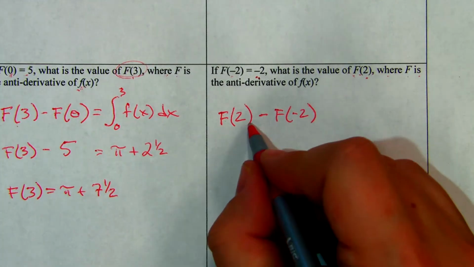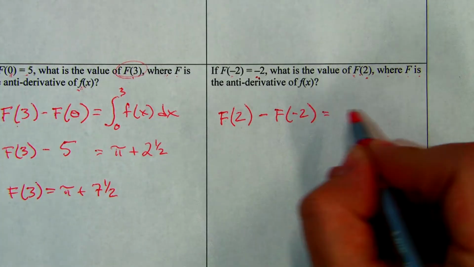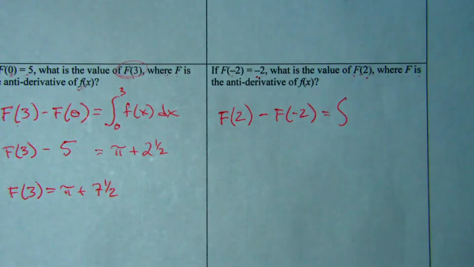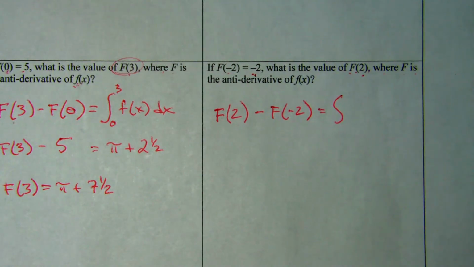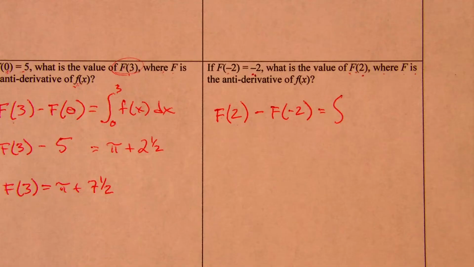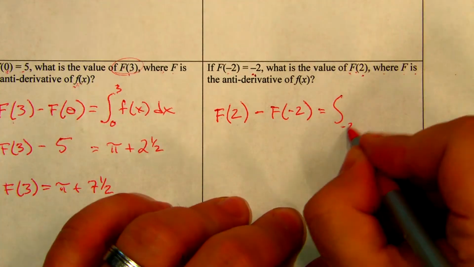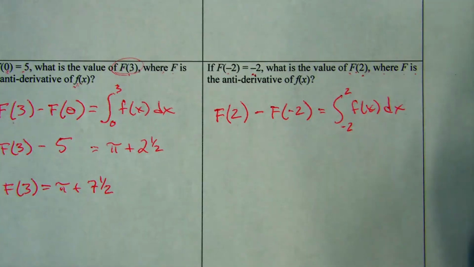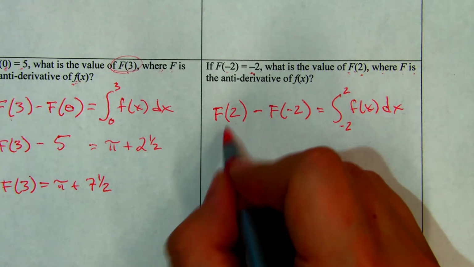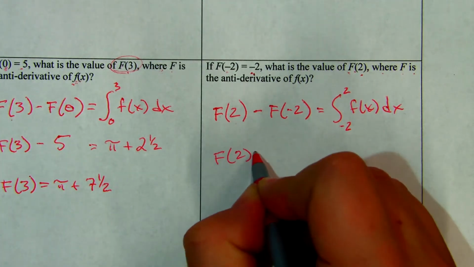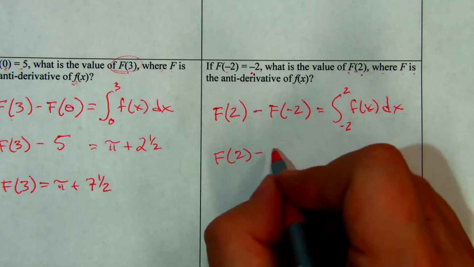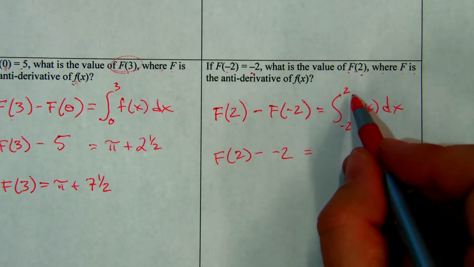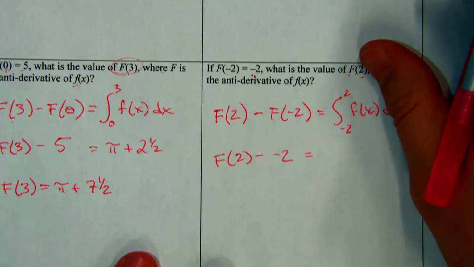So F of 2 minus F of -2, by the fundamental theorem of calculus, should equal the integral from -2 to 2 of little f of x dx. All right, well, F of 2, I don't know what that is. F of -2 is -2. I'm going to have to go back and look at my graph here.